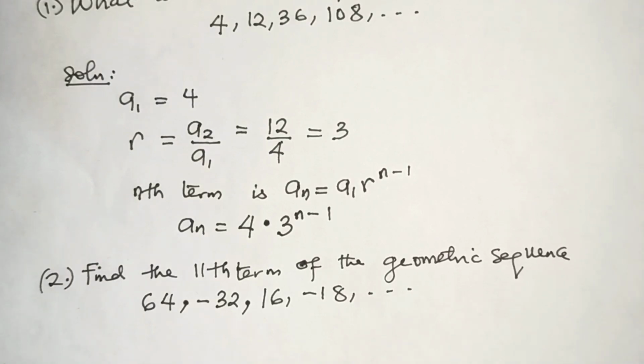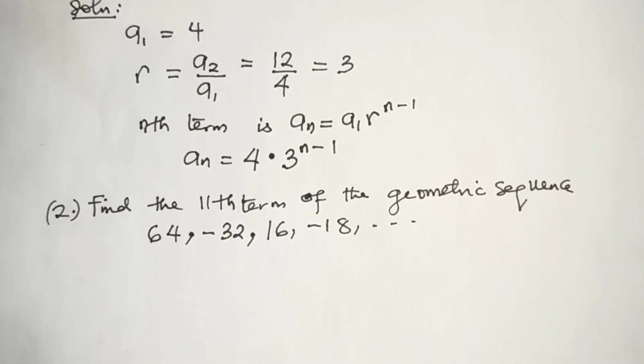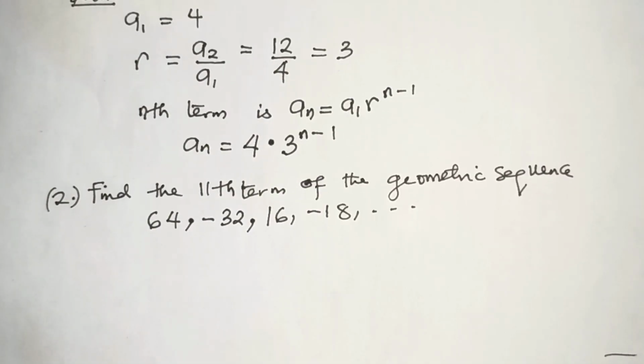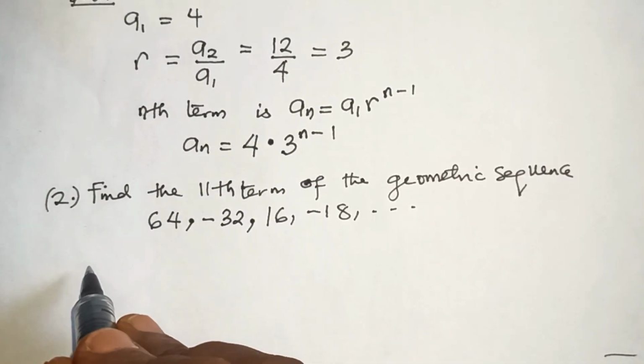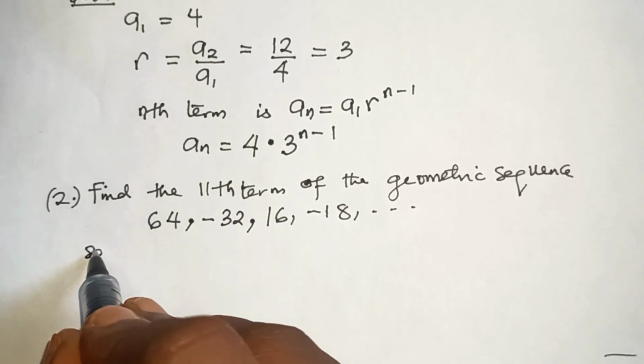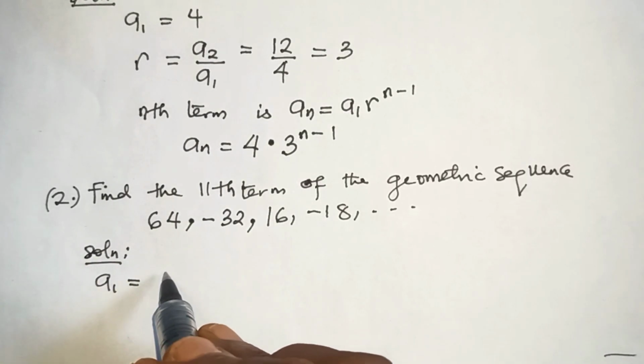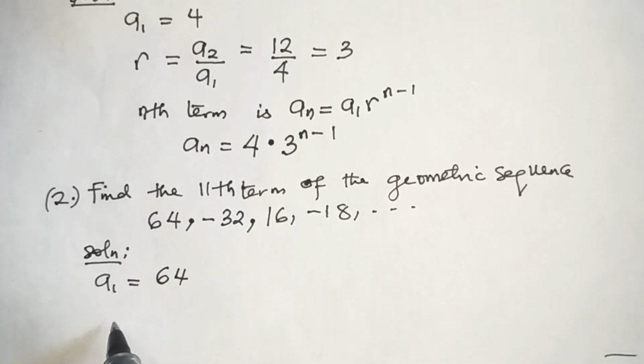Now in this second example, we are given a sequence which has 64 as the first term. Solution: first term is equal to 64.